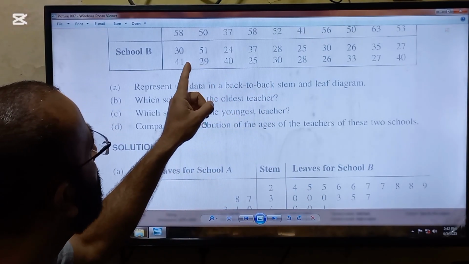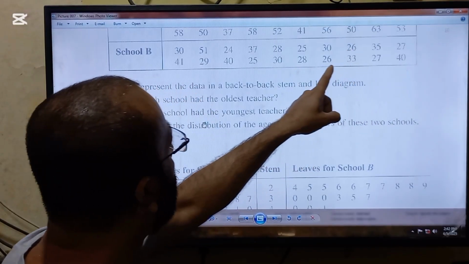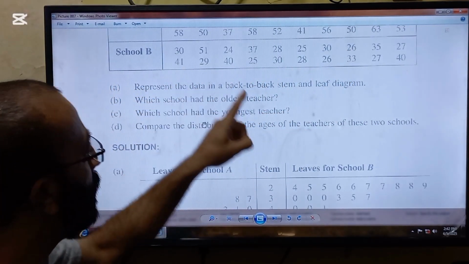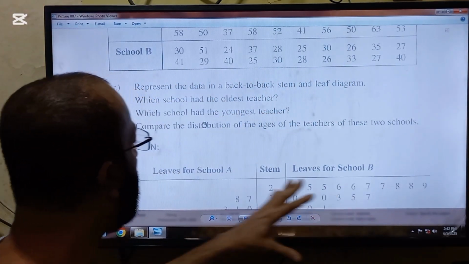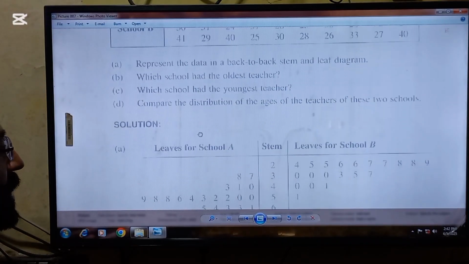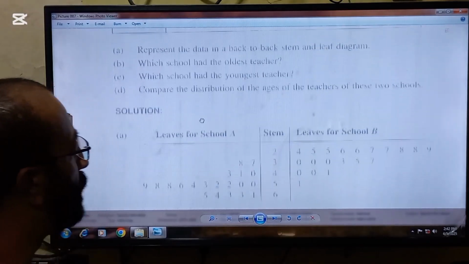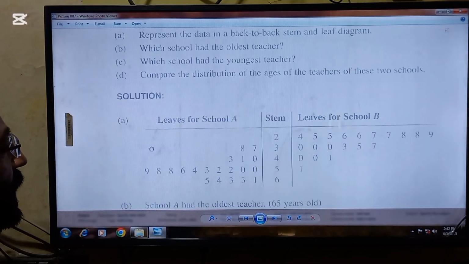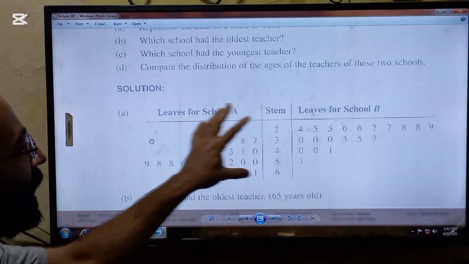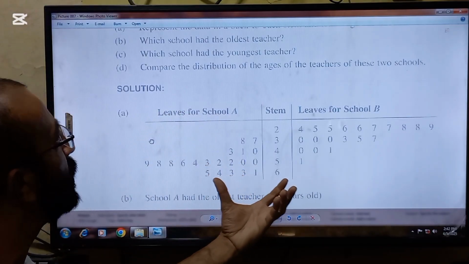Likewise, 26 one time, two times, so 6 will be written two times, and so on. Likewise, leaves for school A will also be completed by counting the numbers from the data. So in this way, the diagram, which is called a back-to-back stem and leaf diagram, will be completed.